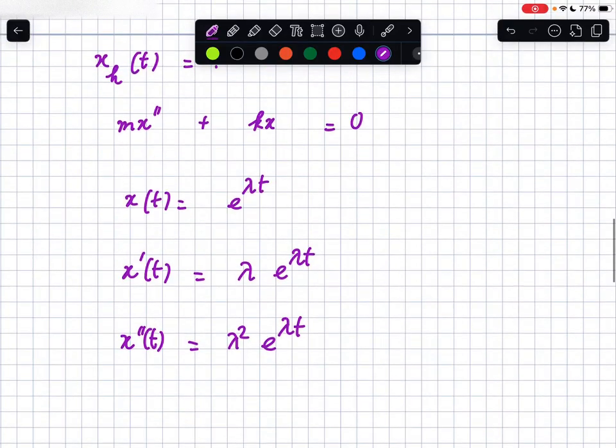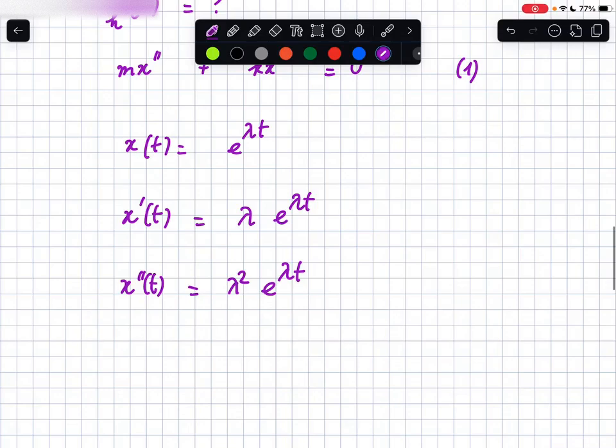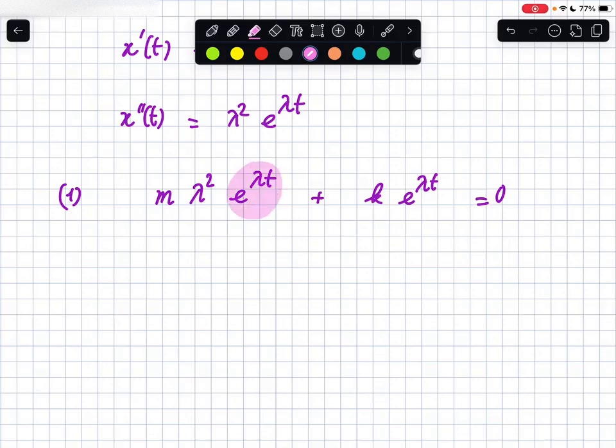Plug in this equation 1. You get M times lambda square e to the lambda t plus K times e to the lambda t is 0. You have this in common. It's never 0, you can divide both sides by that.